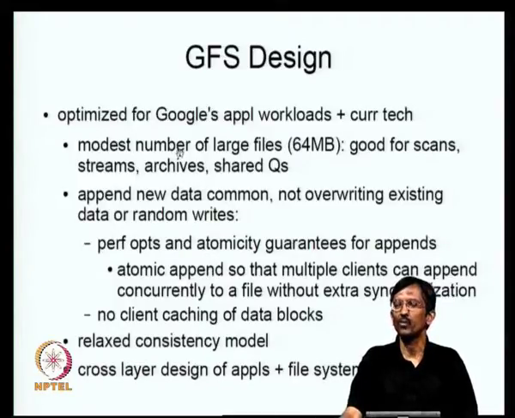So, let us look at one major decision that they took. Modest number of large files. We are not talking about trillions of files. We are talking about millions or slightly closer to hundreds of millions of files, rather than trillions or 10 to the power 15 files.